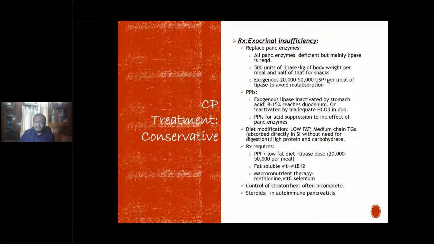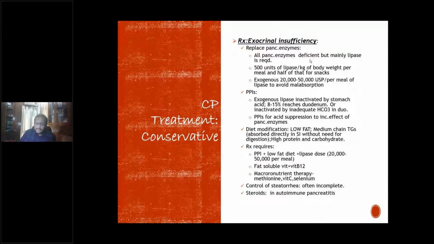Now, it has to be combined with a PPI. Why? Because exogenous lipase gets inactivated by the stomach acid. So if you're giving a PPI, that's going to decrease the stomach acid. Because if you don't give a PPI, with plain and simple lipase, only 8 to 15% reaches the duodenum. That means 1/10 of the lipase you're giving has reached the duodenum. So basically, if this is required per meal, then it has to be substantially increased.